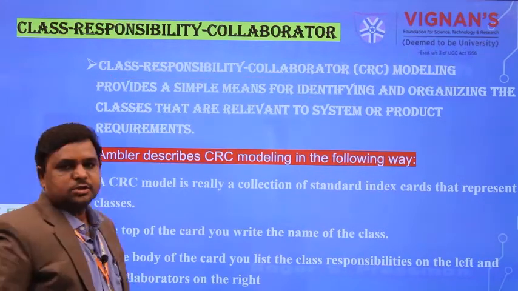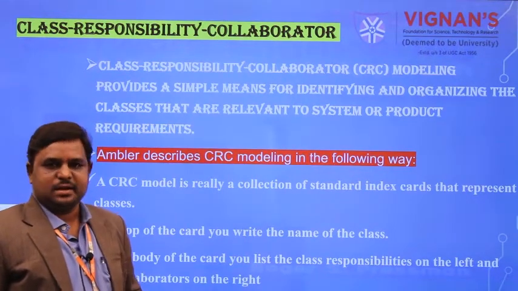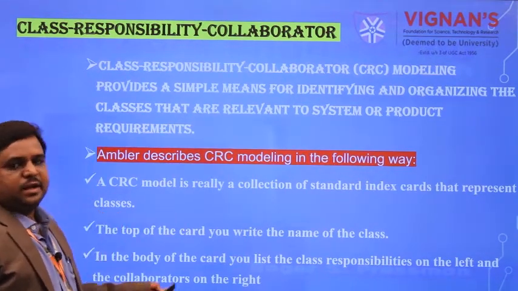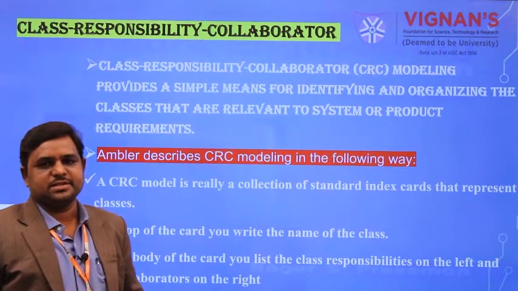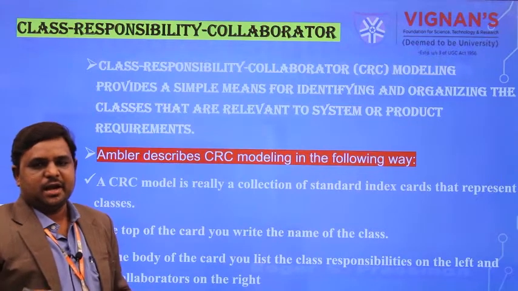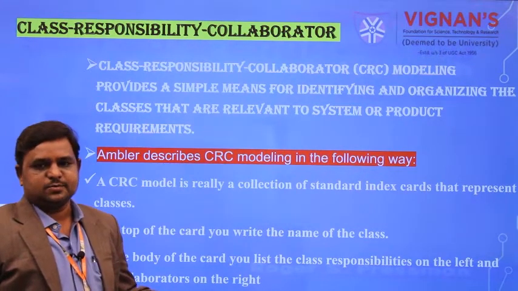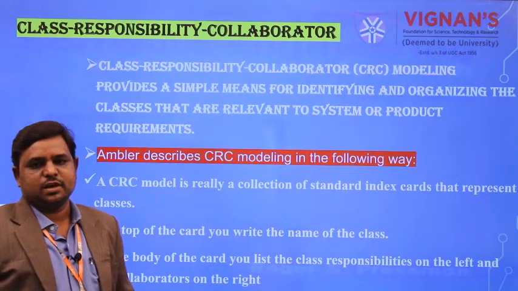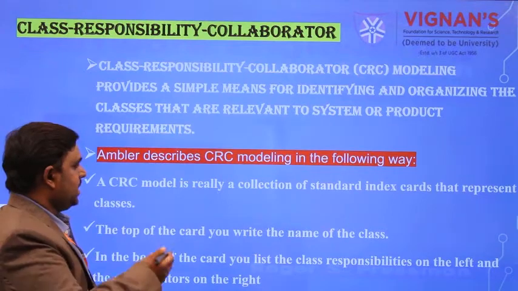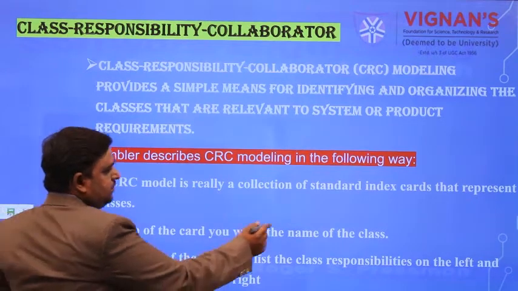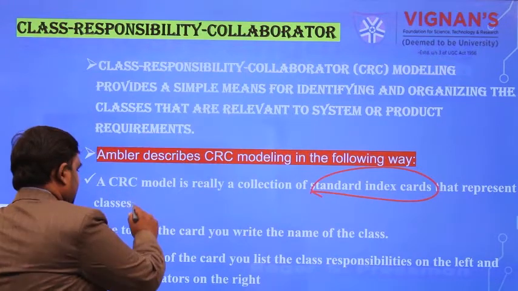Like first one, the CRC model is a collection of index cards that represent the classes. And next, in the index cards, at the top of the card we are going to represent the name of the class. And in the body of the card, on the left side we are going to represent the responsibilities, and on the right side we are going to represent the collaborators. So Ambler defines the CRC model as a collection of standard index cards which represent the classes.